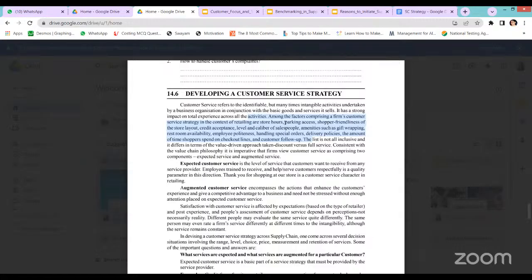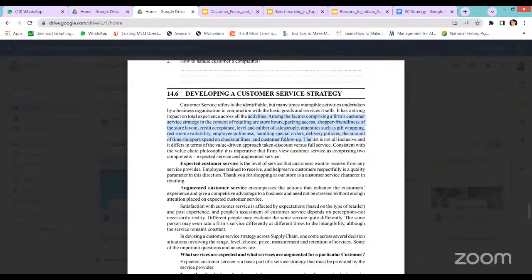Okay, amenities like gift wrapping also will be provided, restroom availability, and when the size of the store goes high, the larger the store size, they also provide certain amenities like washrooms, gift wrapping facilities, restrooms, water facility.